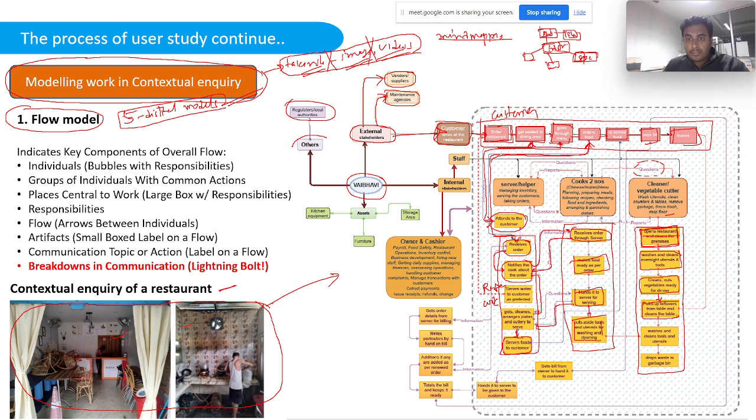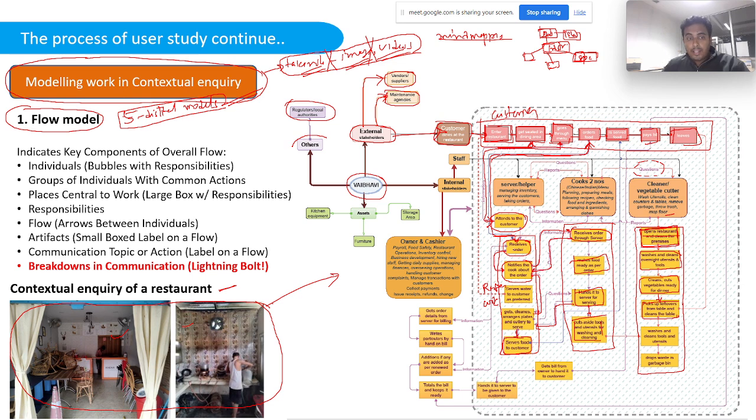So as a project investigator, if you look into this flow model, you should be able to capture all sorts of information, like how this restaurant operates, who cleans and who opens, who cuts the vegetables, what their daily activities are, how a customer places their order, who takes care of the order, and how the food is served. So all sorts of information are captured through this flow model.